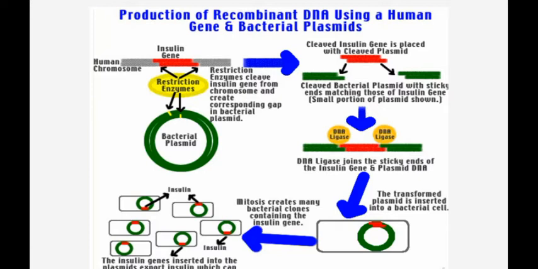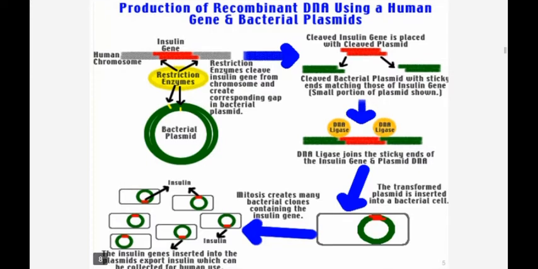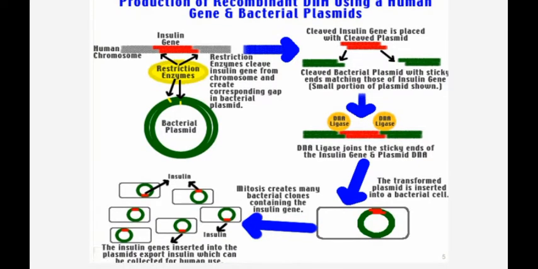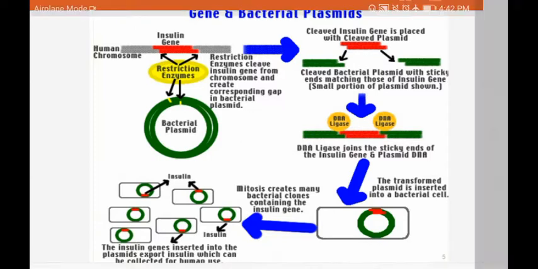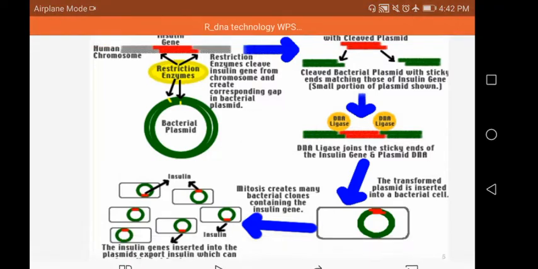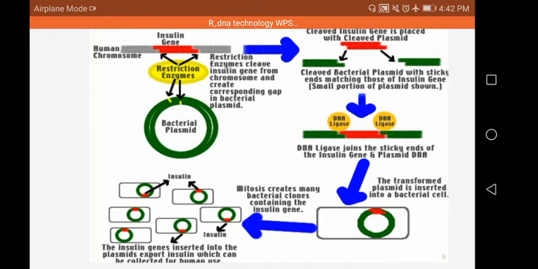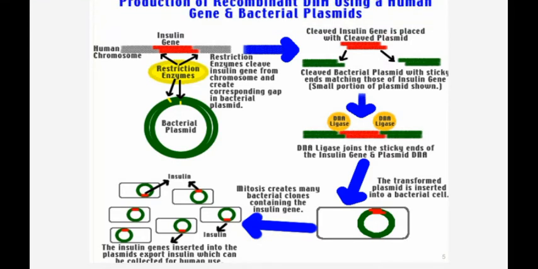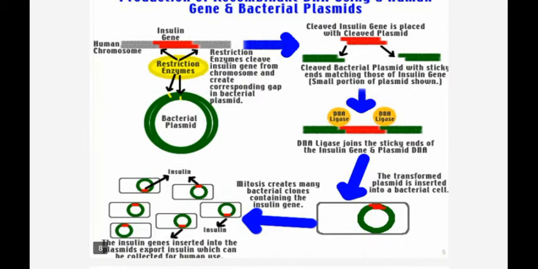Then mitosis creates many bacterial clones containing the insulin gene. These insulin genes are inserted into the plasmids, expressed to make insulin, which can be collected for human use. Okay, all this shows how we do rDNA technology.